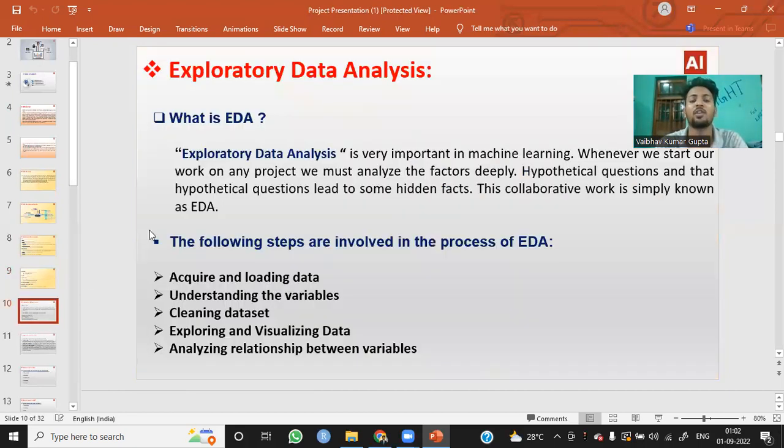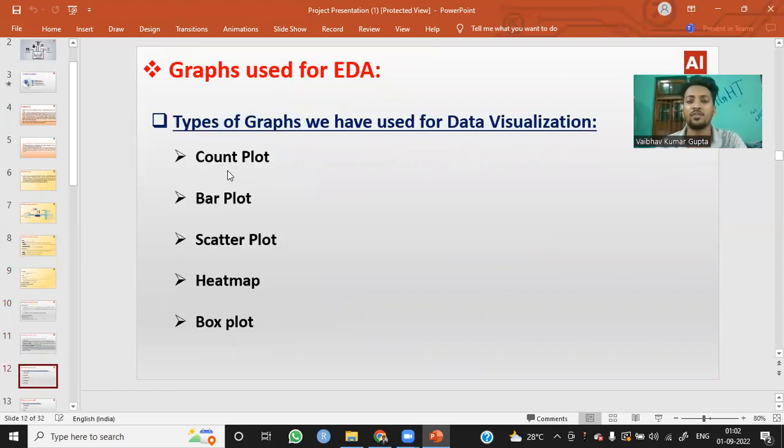Talking about the exploratory data analysis process, we have tried to follow these steps: acquiring and loading the data, understanding the variables, cleaning the dataset, exploring and visualizing the data, and analyzing the relationships between the variables. The types of graphs that we have used for data visualization are count plot, bar plot, scatter plot, heat map, and box plot.